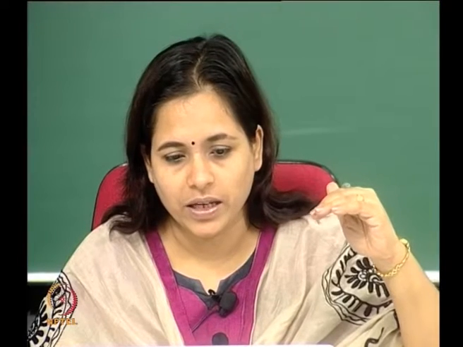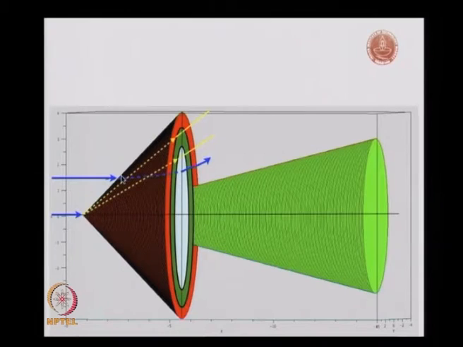First it enters through this shock wave, which is the red cone, and then it hits another cone of the shock, which is the green one. It goes further down and hits the cone which is encased, which is projected at this blue base.